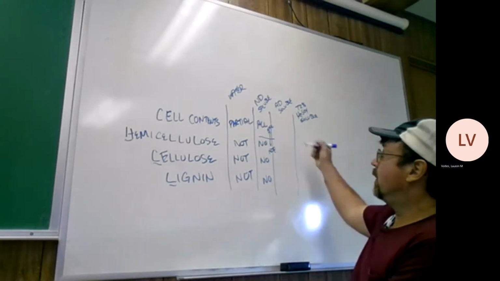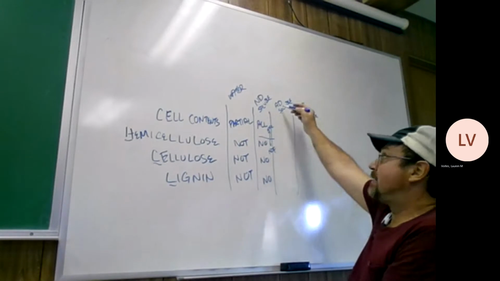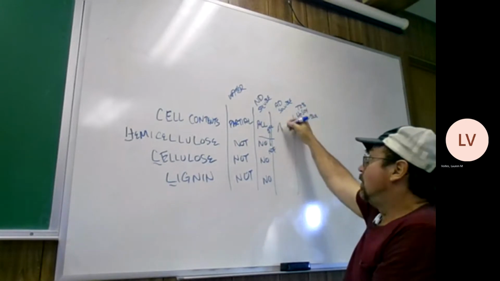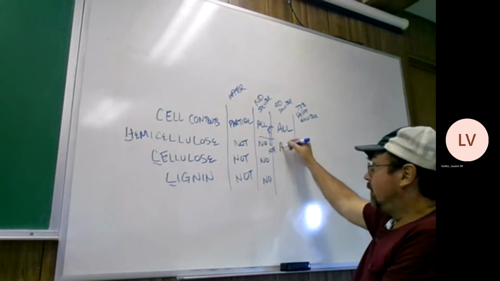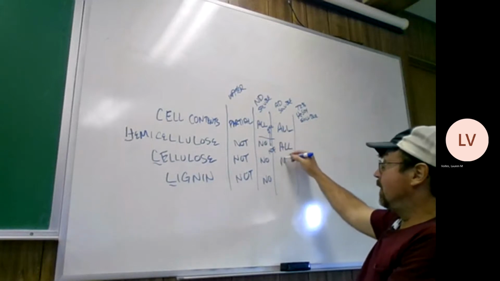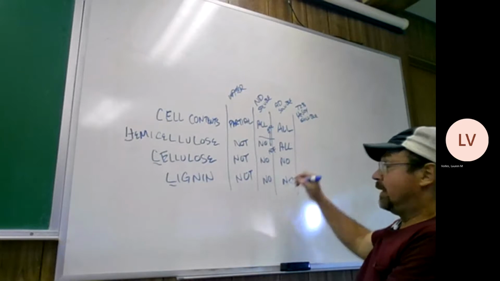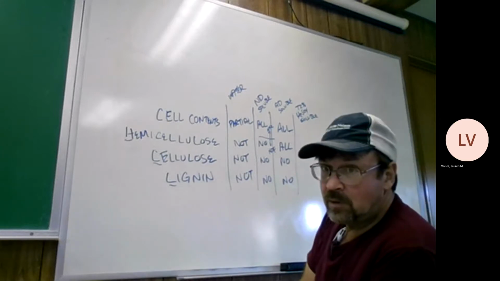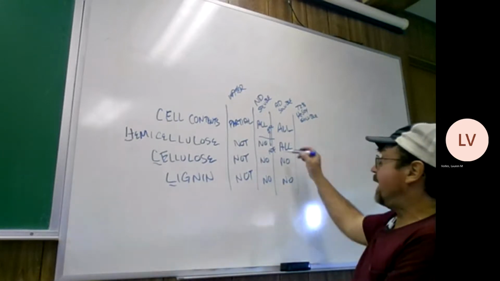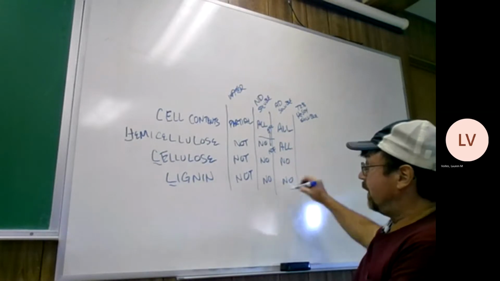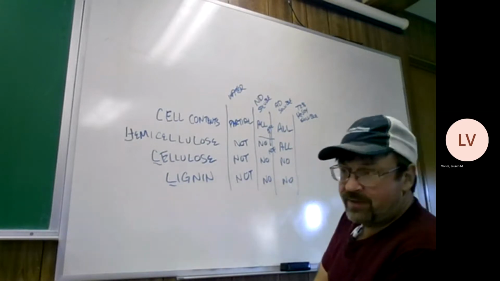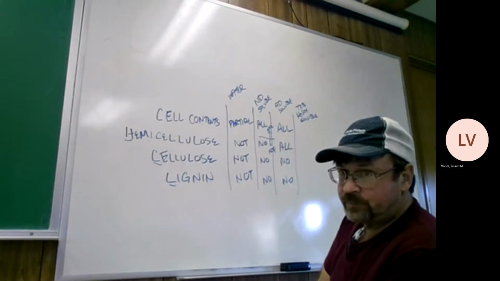Yeah. Okay, and then we go down here with the acid detergent solution. All the cell contents are still soluble, plus the hemicellulose, but not the cellulose and the lignin. We can't digest this at all as humans, but the cows with their rumen can ferment that with the bacteria.